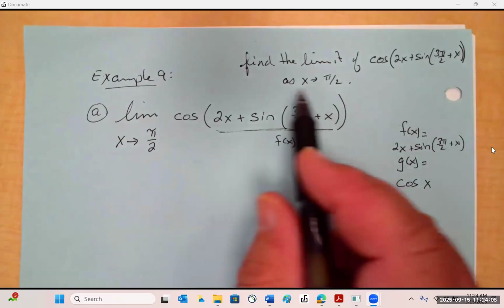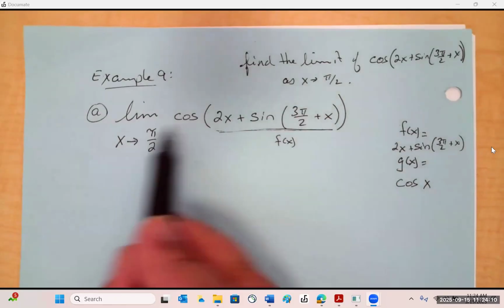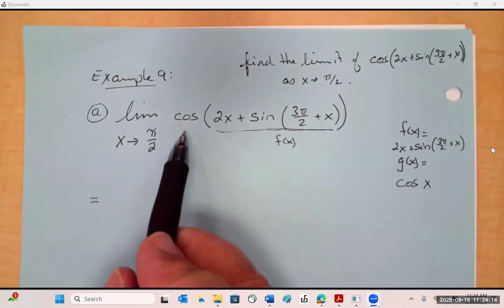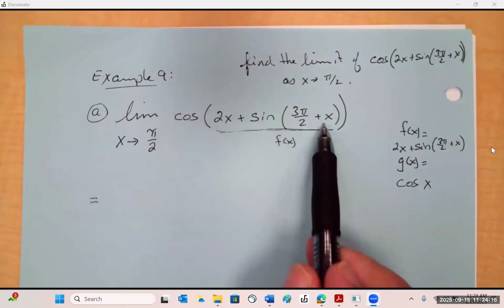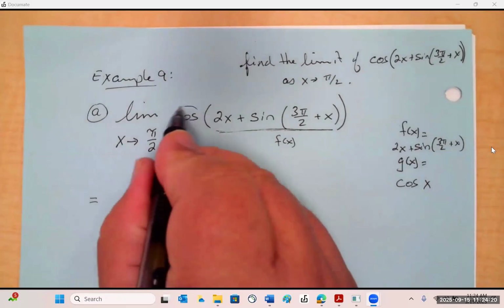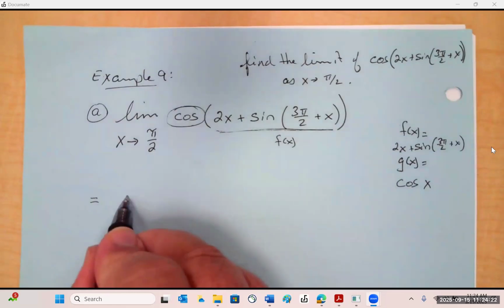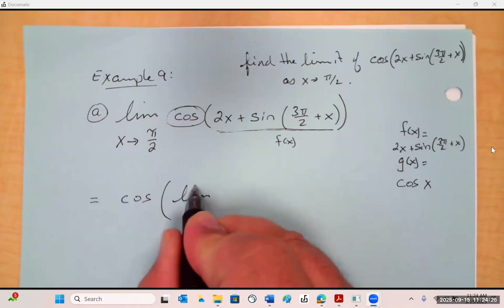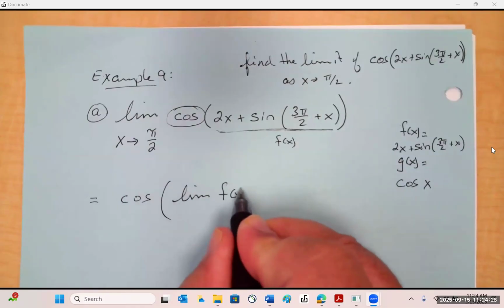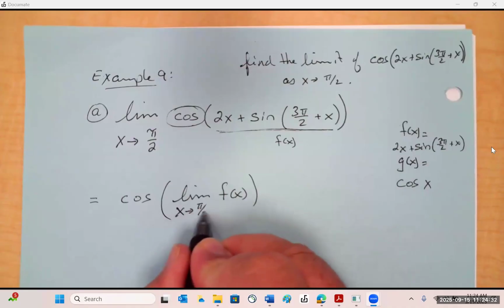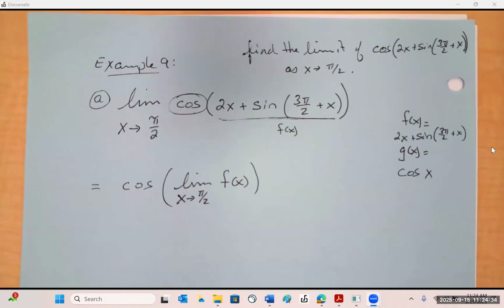So what theorem 10 tells us, to find the limit of cosine f of x, what we have to do is take the g of x, put it out in front, and then find the limit of f of x as x approaches pi over 2. That's what theorem 10 tells us.